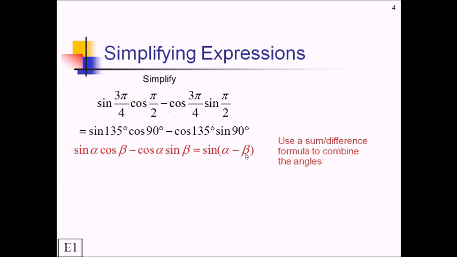This beta in here is really just 90. Now I can combine those angles that are dispersed all over the place here in one neat little parentheses. So I can rewrite all of this as just sine of 135 minus 90. That's really just the sine of 45. And if you do have special angles, then you should go ahead and simplify them. So this would end up being root 2 over 2.